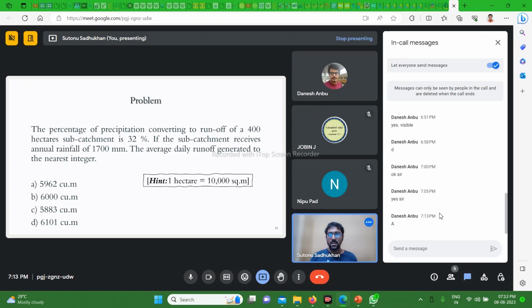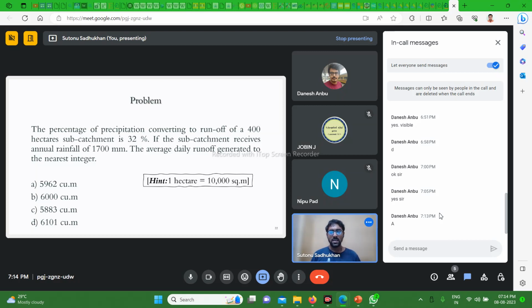Actually, maybe your attendance, I don't know whether it will be taken for marking or not, but see, these problems are just for learning. Even if you are giving the wrong answer, no issues with that, because it will not be marked. So don't be shy away from calculating the answer. You can calculate, and even if you come up with the wrong answer, no issues, because this would not be graded.